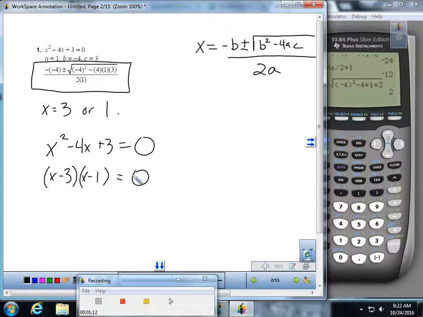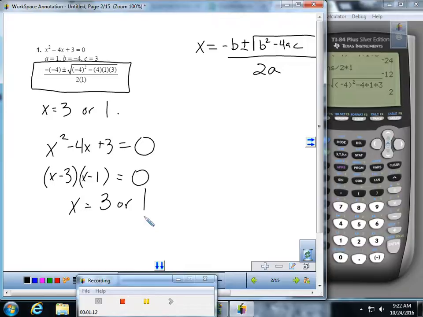So then x equals 3 or 1. Everybody see how to do it that way? It's not always factorable, but if it's not, you could have completed the square. You just didn't need to complete the square in that one.